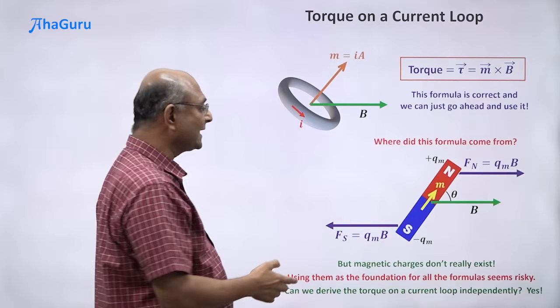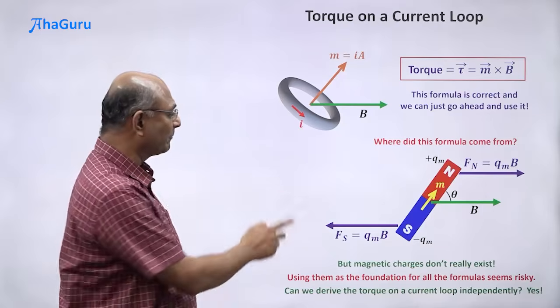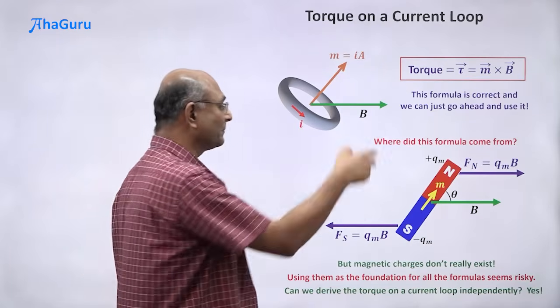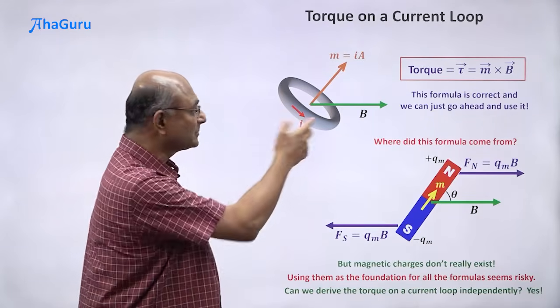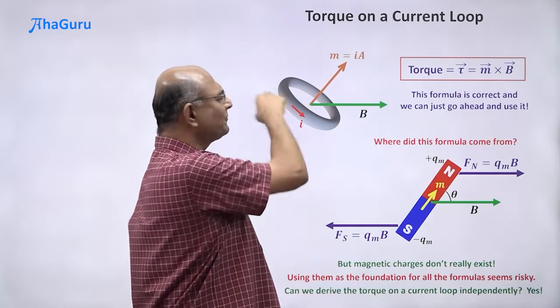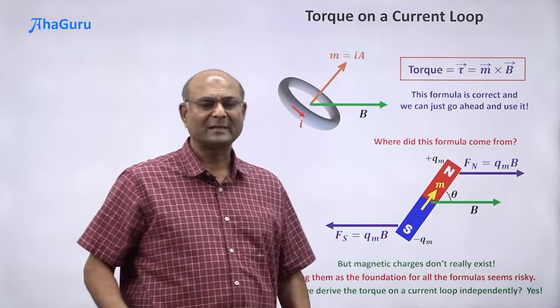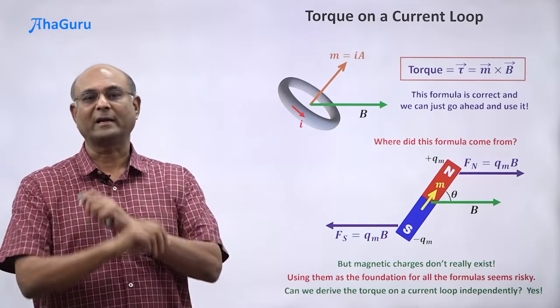In fact, then we can say that a magnet actually behaves like a solenoid or a bunch of current loops together. And so the magnet's formula, M cross B, which we derived using magnetic charges, is also valid because the formula is valid for a current loop. So I'm now going to prove the same formula for a current loop.